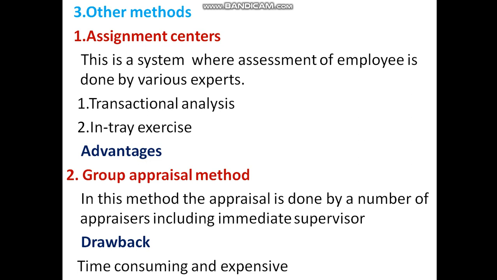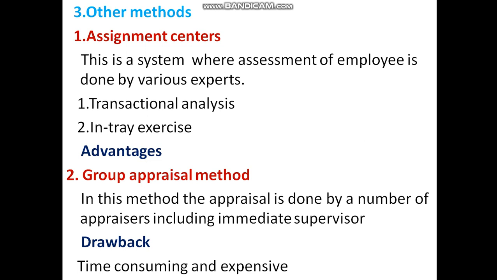Next, we will see the advantages of assessment centers. The assessment center helps to determine the training and development needs of the employees. It provides data for human resource planning. This method is also used to select students for entry level positions.